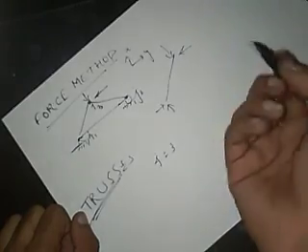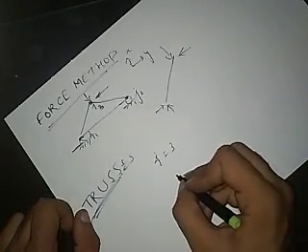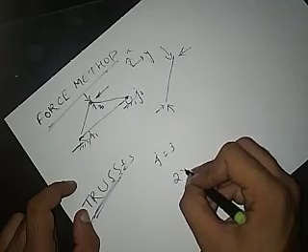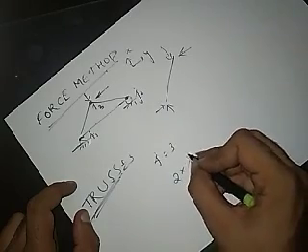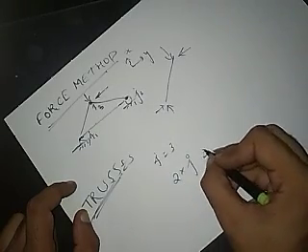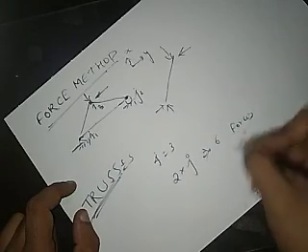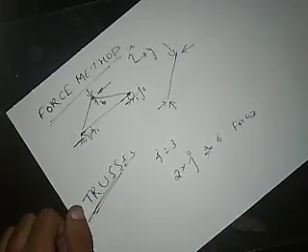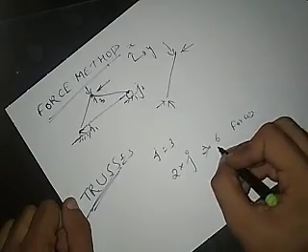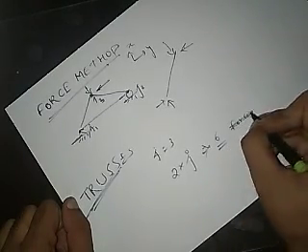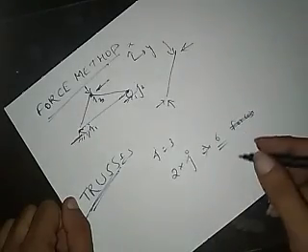Then what will I have? I have 6 forces. At each joint there will be 2 forces, so 6 in total, or I can say these are the 6 equilibrium conditions which I need to maintain.